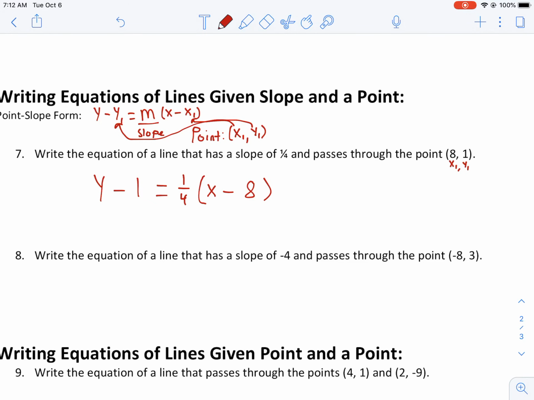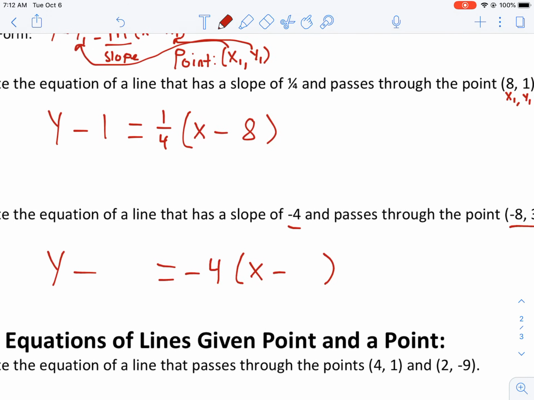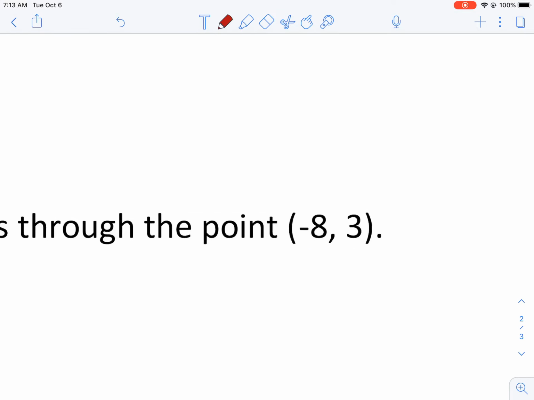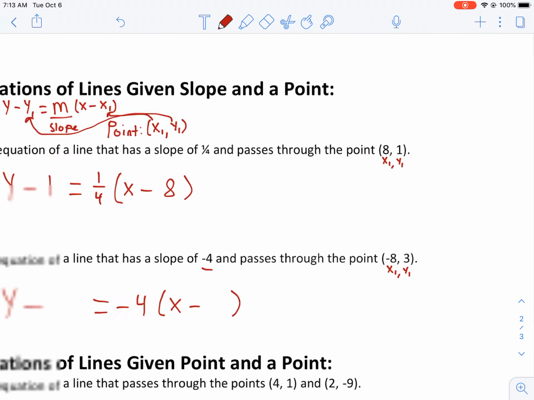Write the equation of a line that has a slope of -4 and passes through -8, 3. So again, we're going to have y minus something equals our slope, -4, parentheses, x minus something. Now we're going to label our point: this is x1 comma y1.